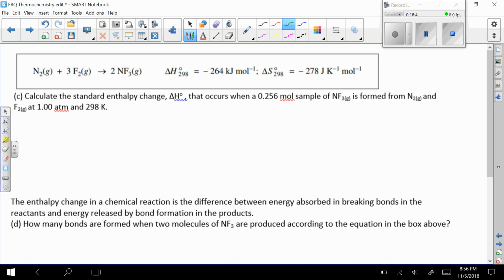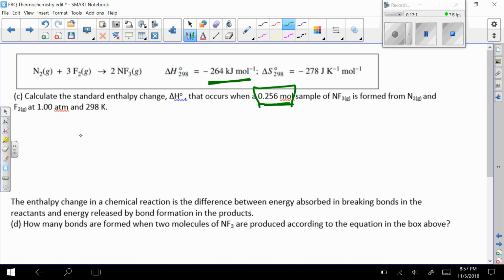We want to know what that enthalpy change is. If you have an amount that you start with, a certain number of moles, or it could be given grams and you could convert it to moles, and you know in that reaction how many kilojoules of heat per mole are released, then you know how much heat's released.